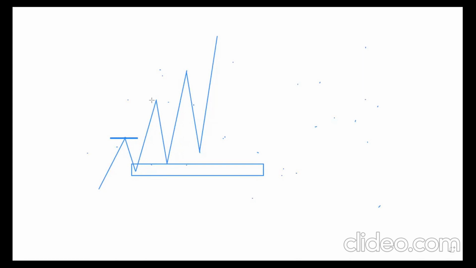So the next zone you want to be looking at is this particular zone right here. Why is it a demand zone? Because you see a sharp drop, a base, and a rally. Until this high is broken, I will not consider this region as a good demand zone.